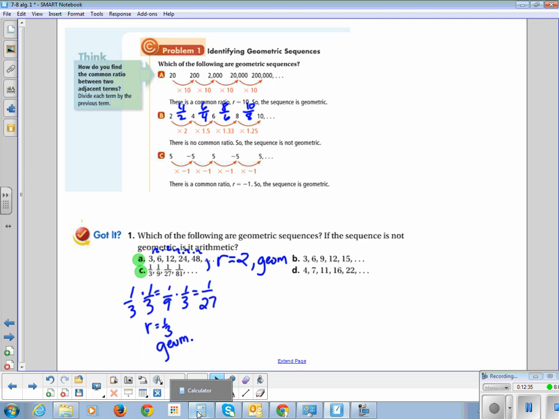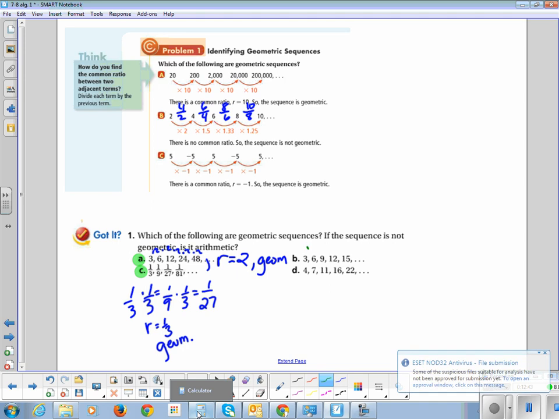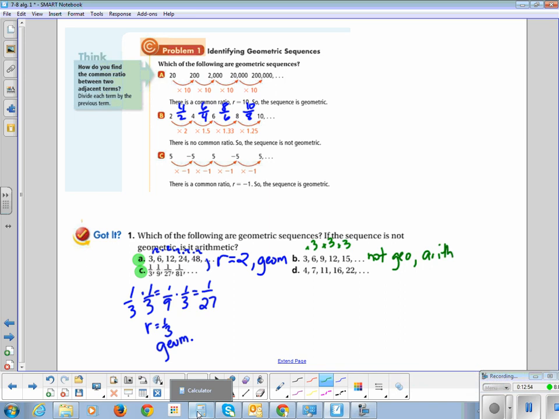And then just for fun, 3, 6, 9, 12, 15. Is it geometric? Am I multiplying by the same amount every time? It's not. And it's actually arithmetic because I'm adding 3.